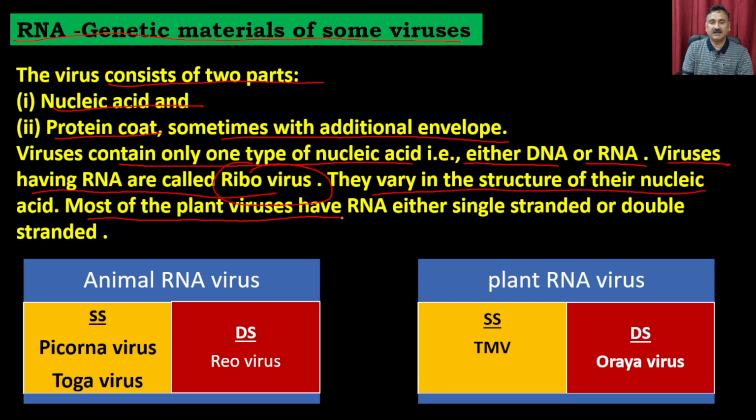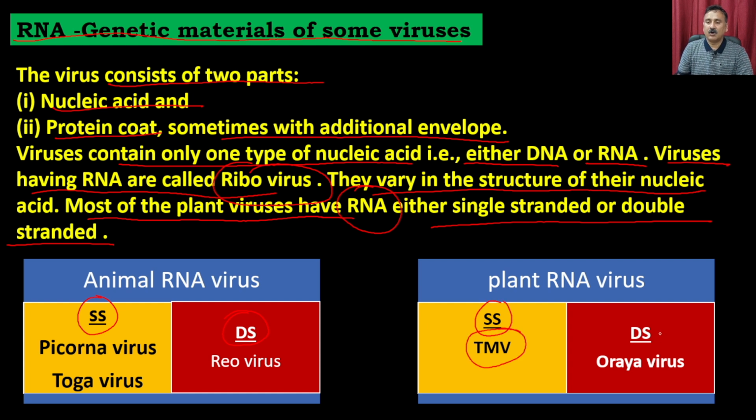Most of the plant viruses are RNA viruses, either single stranded or double stranded. So you can have animal viruses, you can have plant viruses, you can have single stranded RNA viruses, you can have double stranded RNA viruses, and even among plant viruses you can have single stranded viruses like TMV, or double stranded viruses like the Oryza viruses.